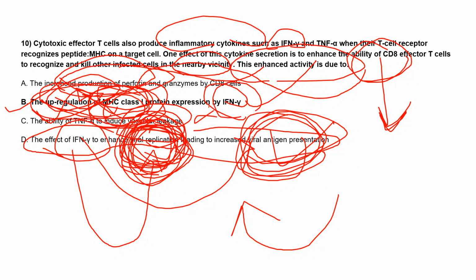Even if they mention upregulation of MHC class 2, that would be the wrong answer, because here they already mentioned the cytotoxic T cell, that is CD8, meaning they are talking about viral infection, right? So the right answer is the upregulation of MHC class 1 protein expression by IFN gamma, which helps enhance the ability to recognize and kill the virus-infected cells in the nearby vicinity, right?